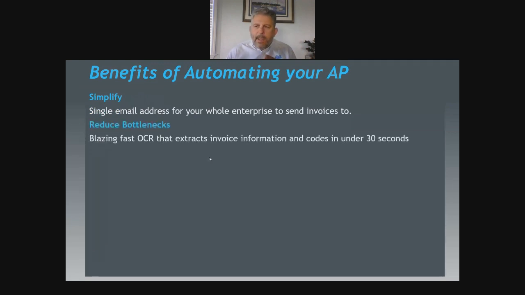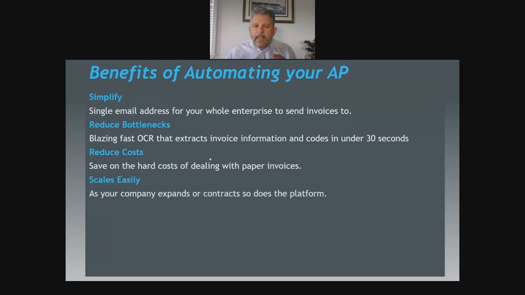Reducing bottlenecks, giving you the ability to speed these processes up and reduce the labor. Obviously, reducing that labor significantly reduces costs. It scales very easily, so whether you have 130 hotels or 3 hotels, Factura works very well.